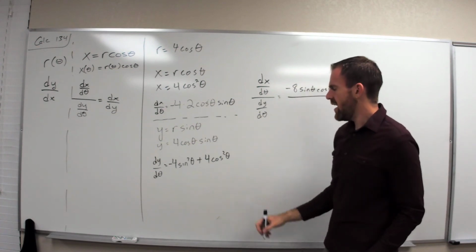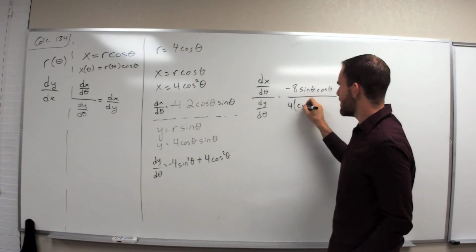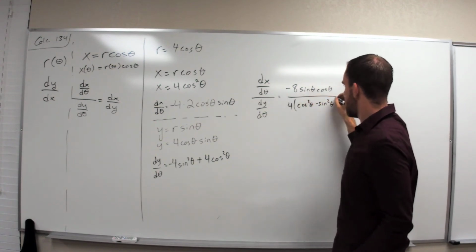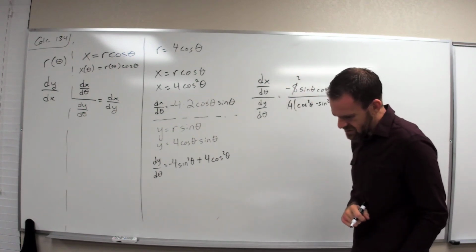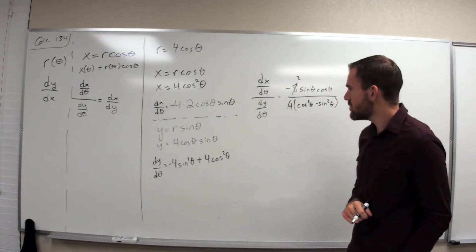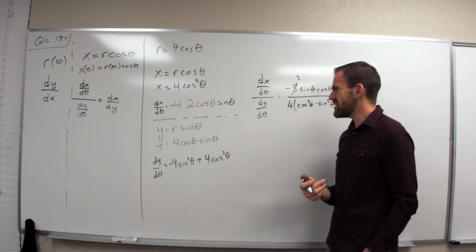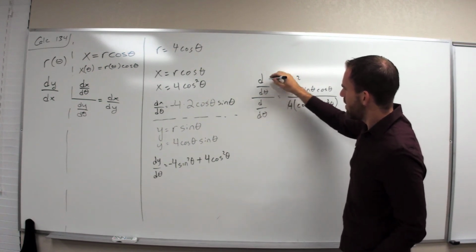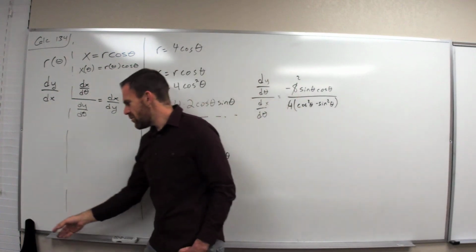And on the bottom I have, well, I'll make it positive just for fun. I'm going to factor the 4 because I know I can cancel those. And that is it. Why am I finding dx by dy? That's foolish. Of course we want dy by dx. So we'll just do a little bit of erasing action.